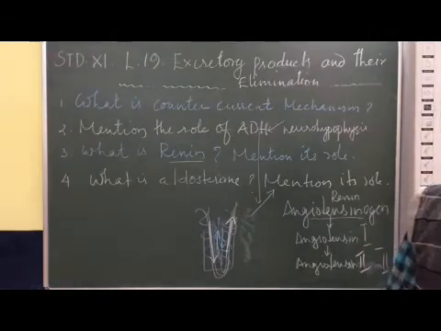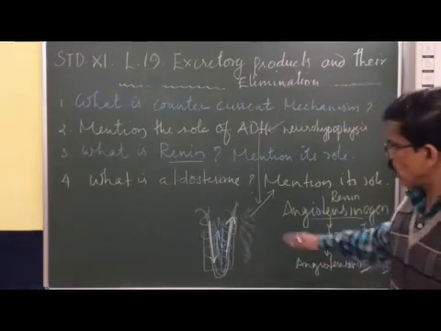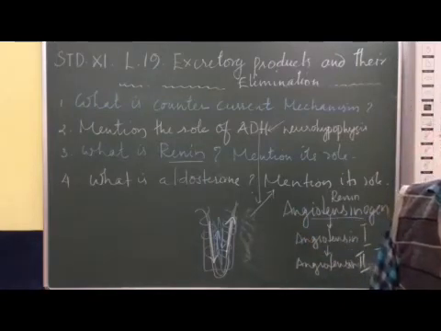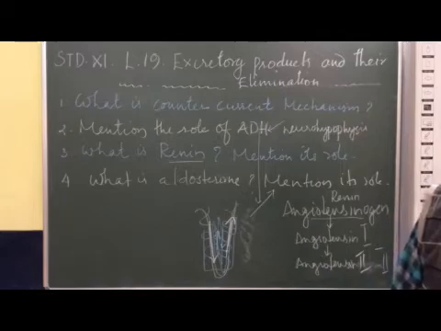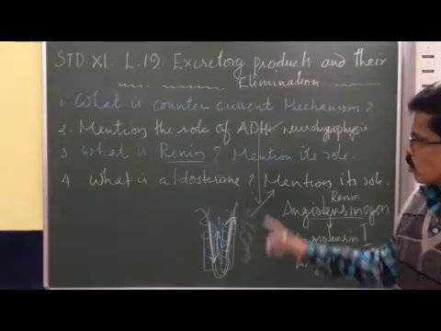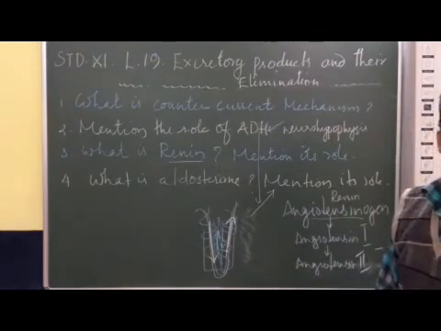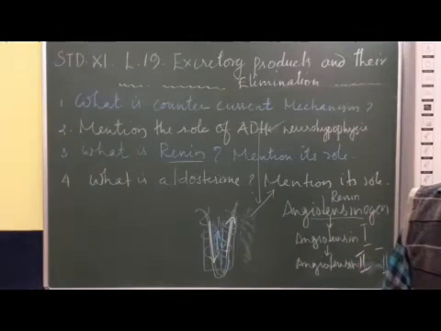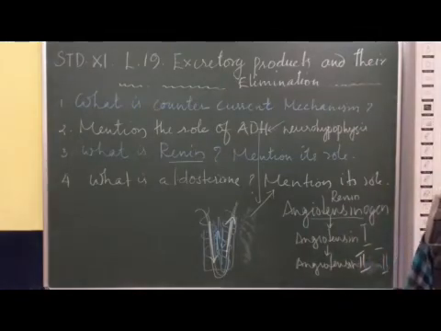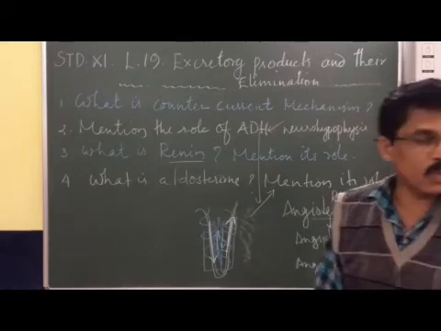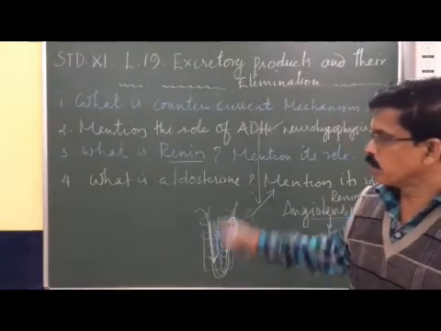Now what is aldosterone? This angiotensin 2 also produces a hormone, aldosterone. From where? From the adrenal cortex. So aldosterone is a hormone secreted from the adrenal cortex by the action of angiotensin 2. This aldosterone helps in the active reabsorption of sodium and water from the distal convoluted tubule.